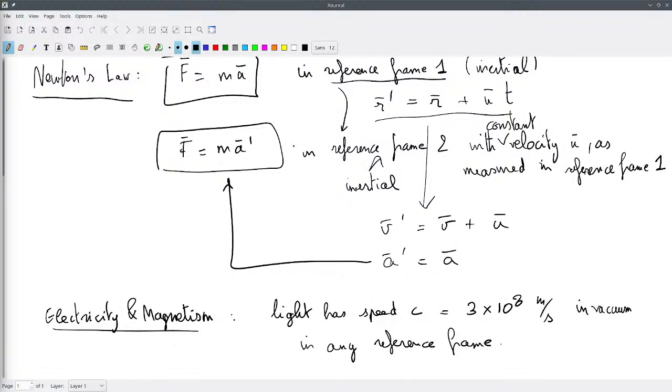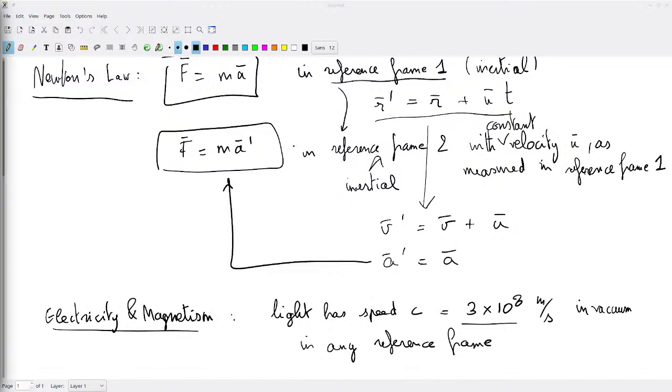It's a little bit more precise than that, but it is a fixed quantity. The speed of light is constant, it's unchanging. In vacuum, light will always have that speed.